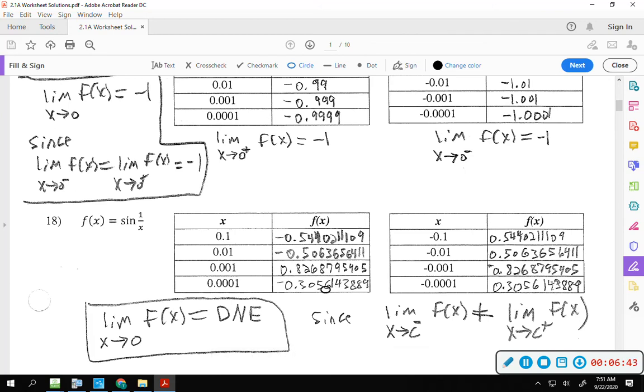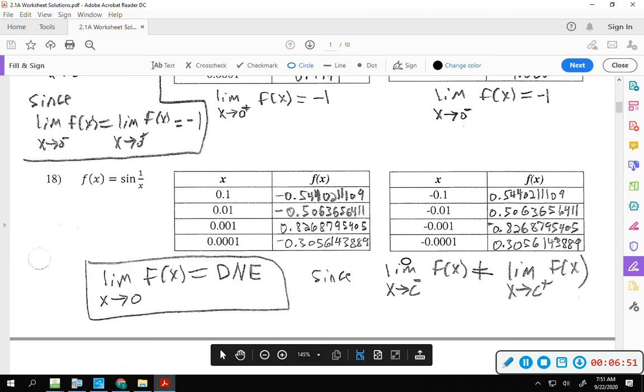It's not getting closer and closer to 0 necessarily as we go. So the limit as x approaches c from the left of f of x does not equal the limit as x approaches c from the right of f of x. We're getting different values. Therefore, this limit does not exist.